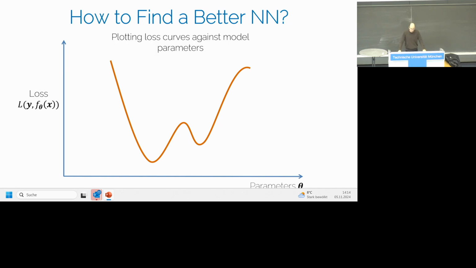That's very nice and all, but for real world problems it doesn't work, because you have millions of parameters and your loss is neither quadratic nor even convex. It's very random in a way, very complicated, let's say. And so just setting the derivative to 0, you get a super complicated equation that you will not be able to solve. And so this is typically not a way to go.